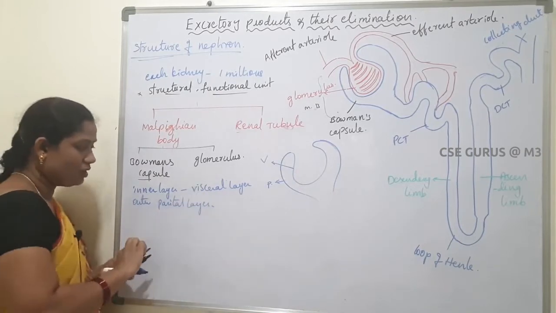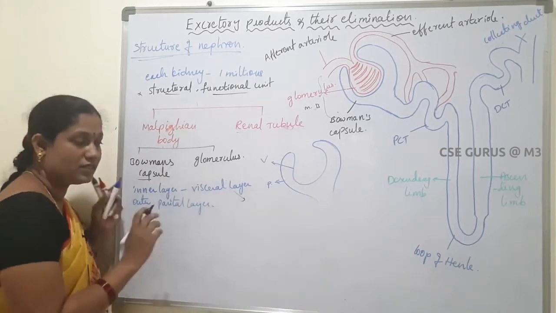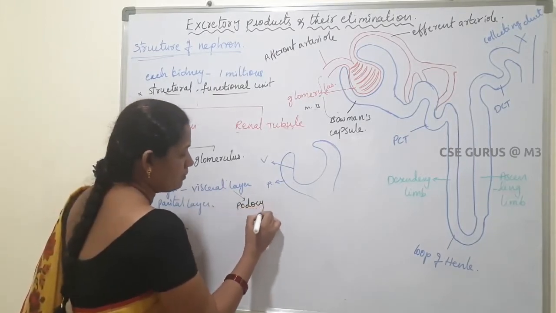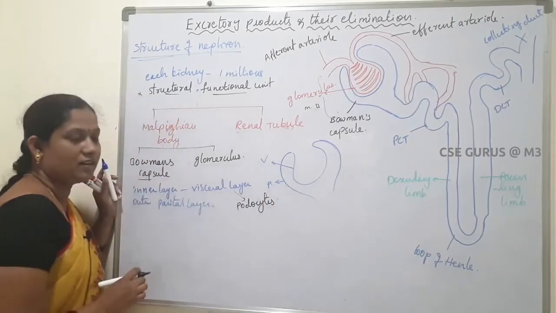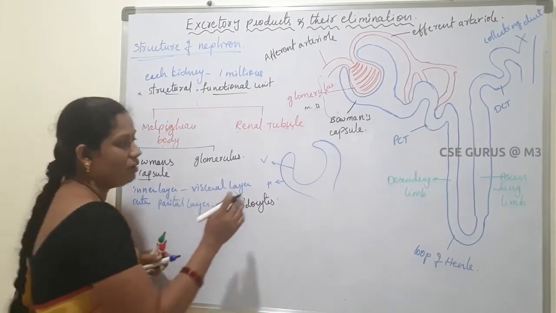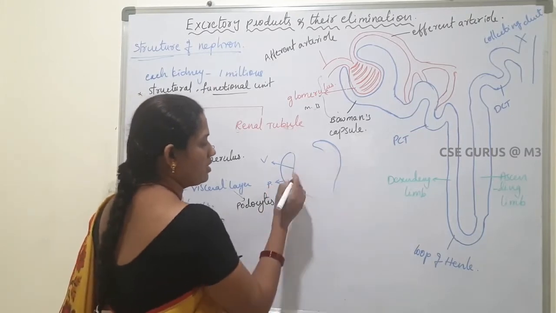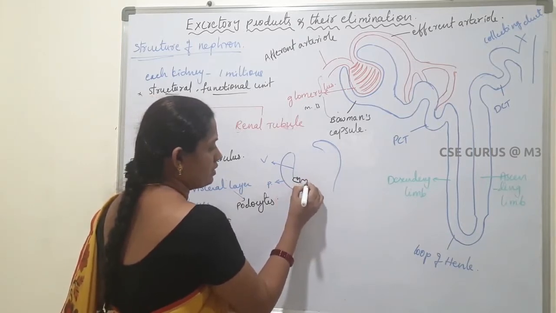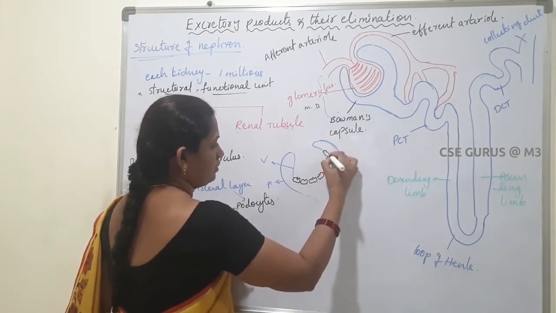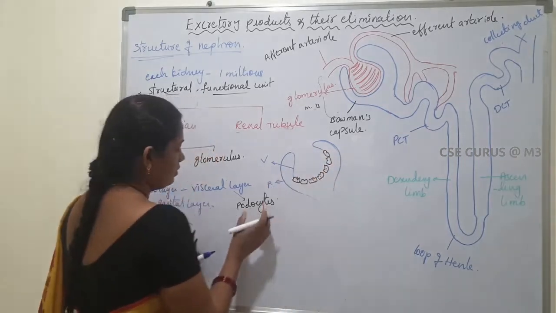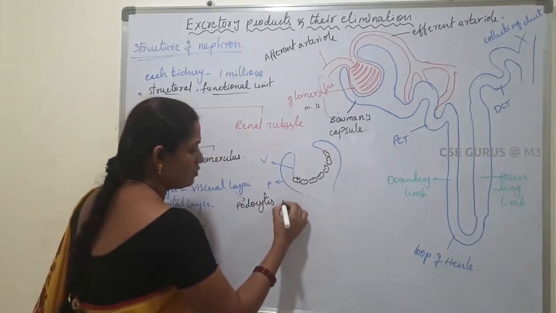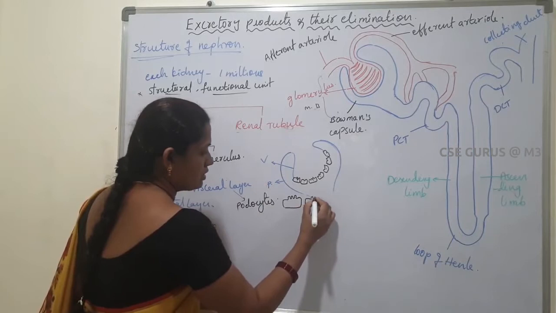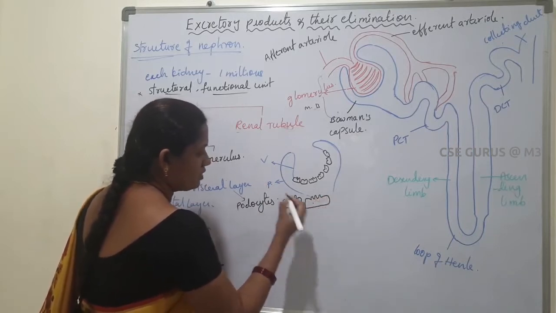The visceral layer is made up of a special type of cells called podocytes. They have pseudopodia-like structures, like this. This is one cell, this is one cell.